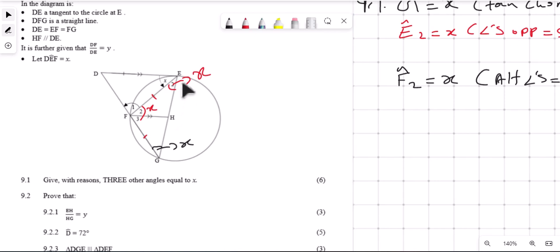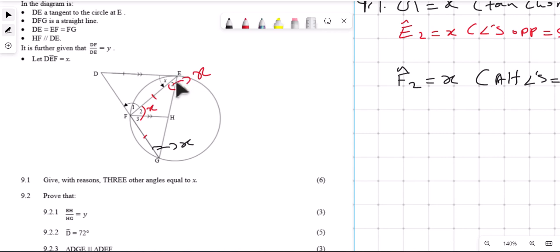Let's check here. EH over HG is the same as what? As DF over what? DE? Wait, let's go step by step.